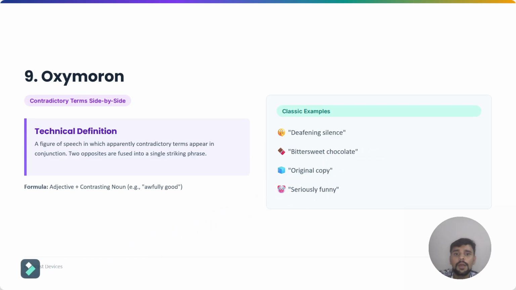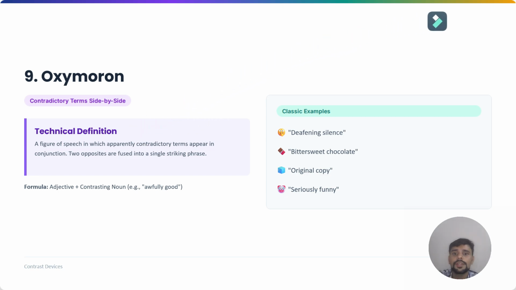Another: bittersweet. Bitter and sweet are contrasting tastes, right? Yet we often use the word to describe experiences containing both happiness and sadness. Another: original copy, and seriously funny. The key feature is compactness. An oxymoron usually brings contradictory terms close together in a short expression.